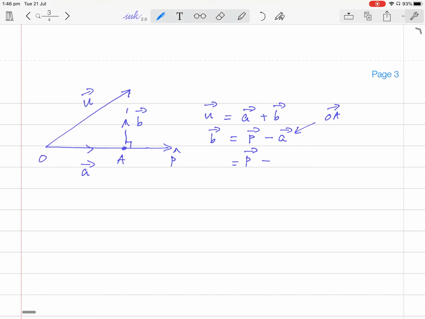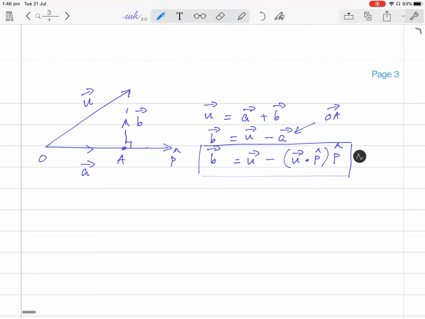So this is the right thing, and here I have to replace it with U. So all good. So B is U minus, what is my OA vector? OA vector is U dot P hat times P hat, and that is my B vector. And this is what we need to know.